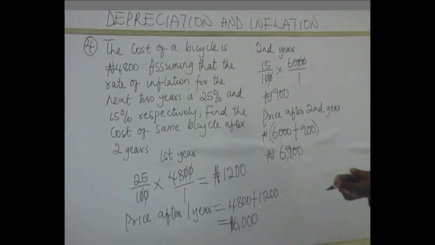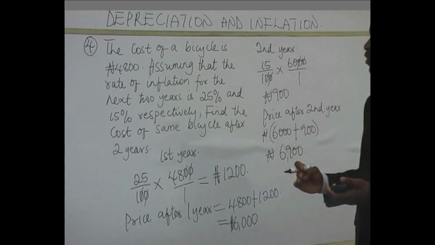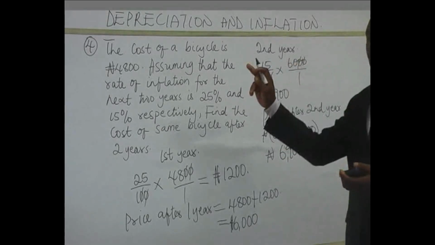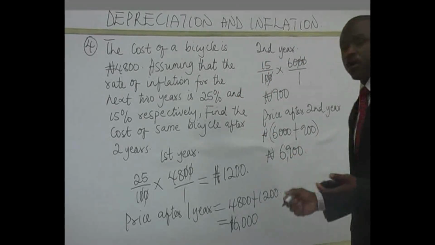That means that because of 25% and 15% inflation in the first year and second year, a bicycle that originally cost 4,800 will now become 6,900 naira.